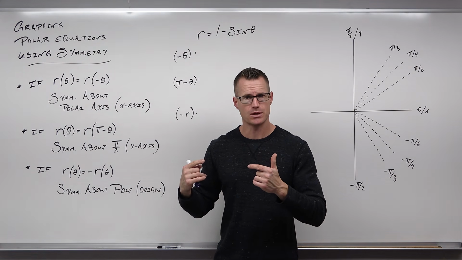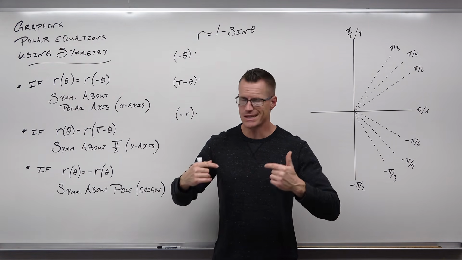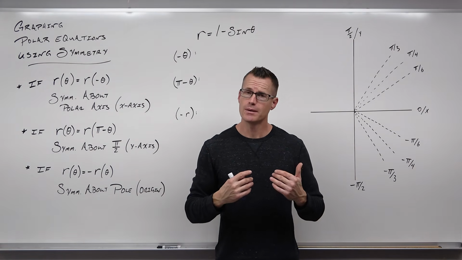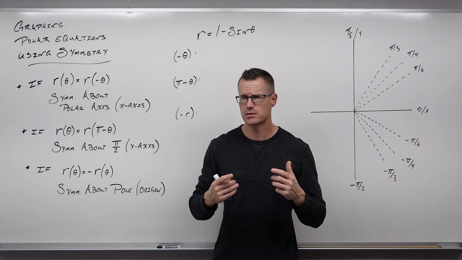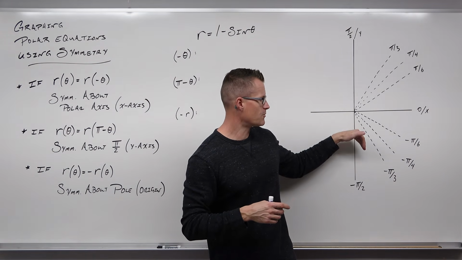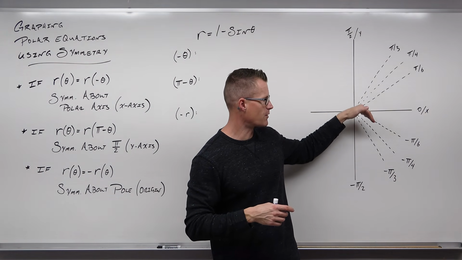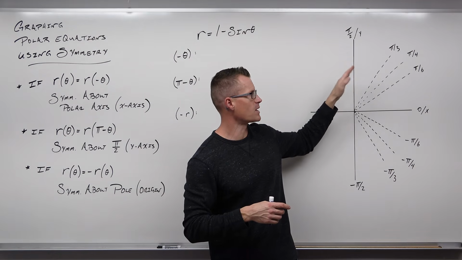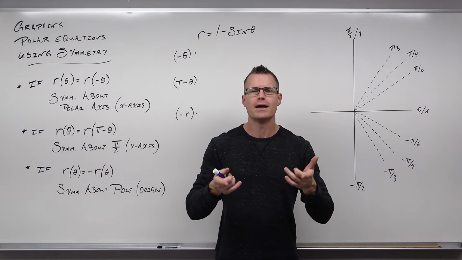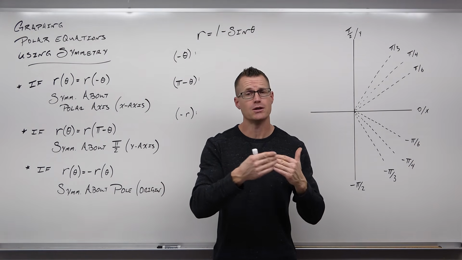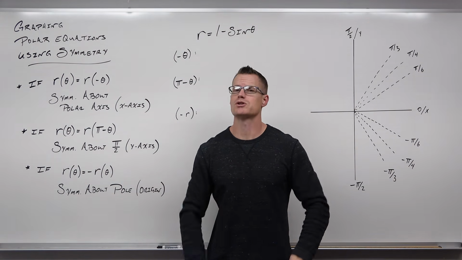After you've checked symmetry, see what works, see what doesn't work, and it will limit the points that you have to plug in. So then I'll show you how to plug in certain values like negative pi over 2, negative pi over 3, negative pi over 4, negative pi over 6, 0, pi over 6, pi over 4, pi over 3, pi over 2. Get a series of points and then plug them in, plot them, and use your symmetry to mirror image. So we're going to start there.